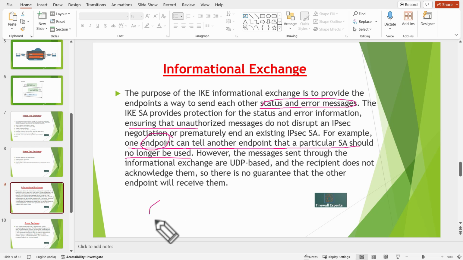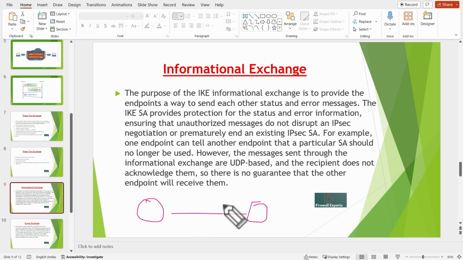So one VPN gateway or device is sending a message to the second VPN device. What will be the message? That particular SA should no longer be used, so one SA is not in use.